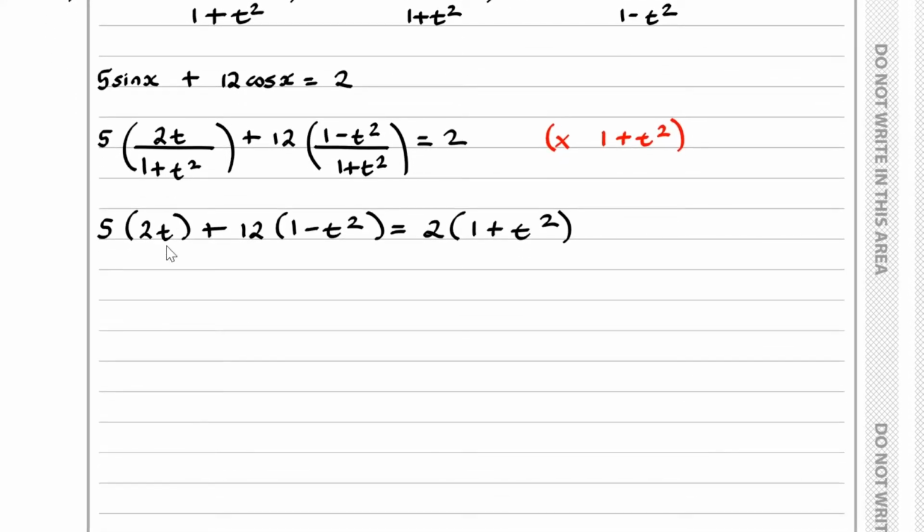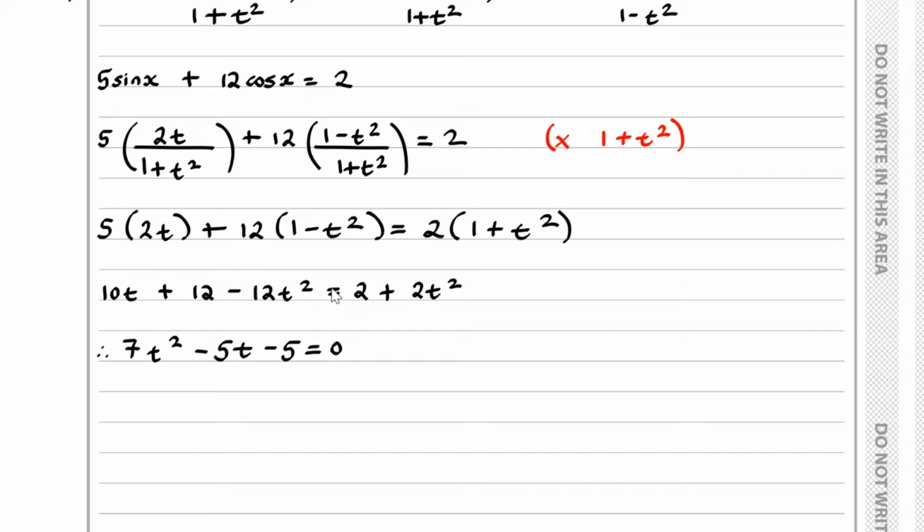And if we expand and simplify all this, on the left hand side we have 10t plus 12 minus 12t squared. On the right hand side we have 2 plus 2t squared. And therefore, in conclusion, we end up with 7t squared minus 5t minus 5 equals 0, which is the result we wanted to show.